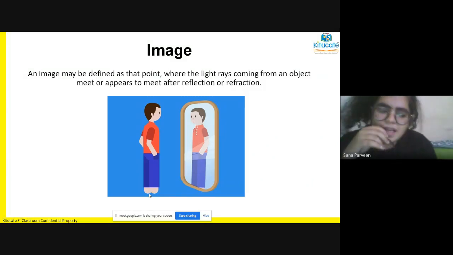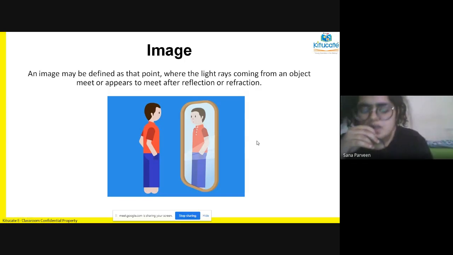They were not meeting at any point, but we are imagining as if we take the rays backwards, and we combine all the rays backwards, we form an image. So the image which is formed here in the plane mirror is not by the actual meeting of the light rays. It is by the false meeting.